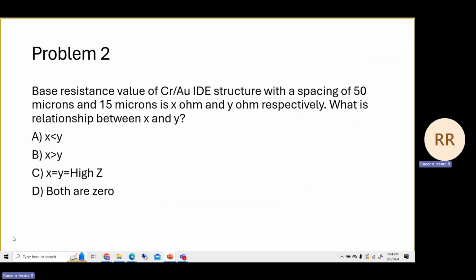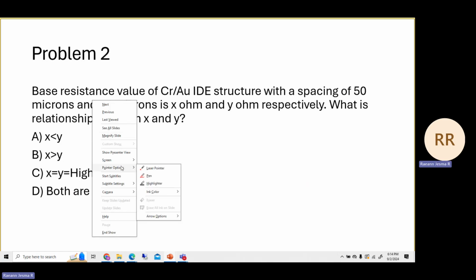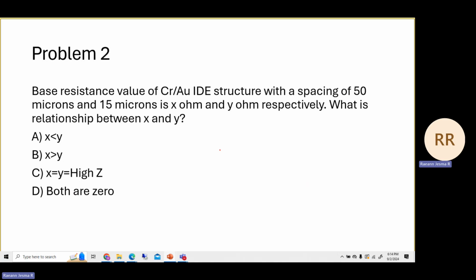Okay, now let's move on to the next question. Problem number 2: the base resistance values of a chrome gold IDE structure, where IDE is interdigitated electrode, with a spacing of 50 microns and 15 microns, are X ohm and Y ohm respectively.